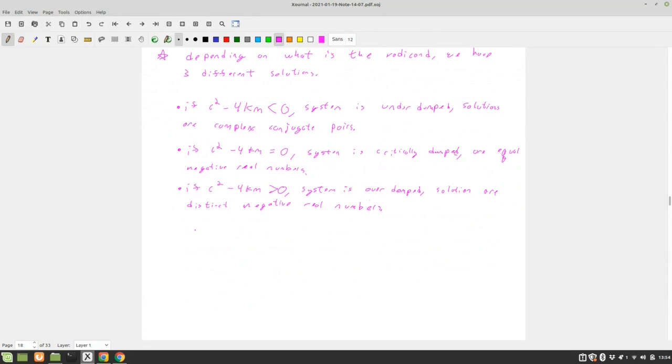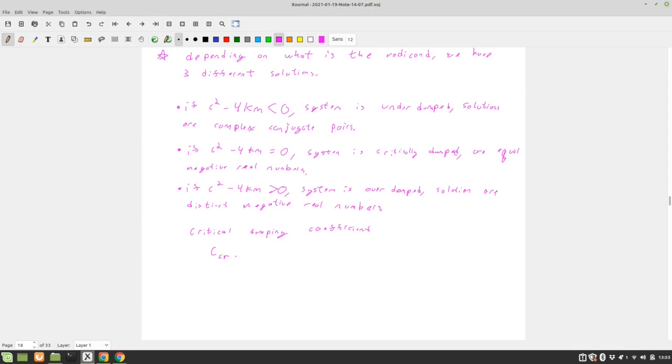Let's call that the critical damping coefficient, when we have this equals 0.